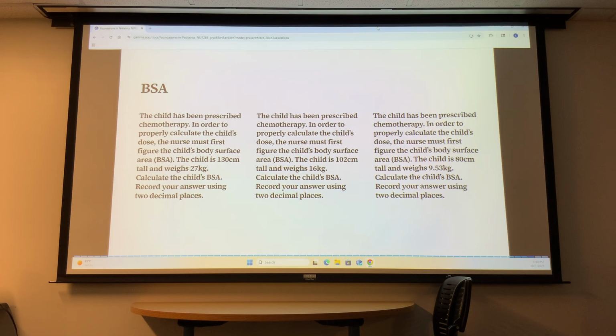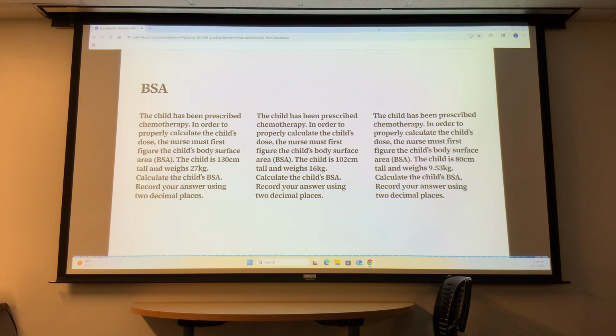So their height is 130, and their weight is 27 kilos. You're not going to have to convert anything. It will already be in everything that you need.